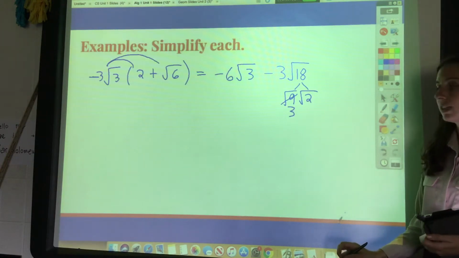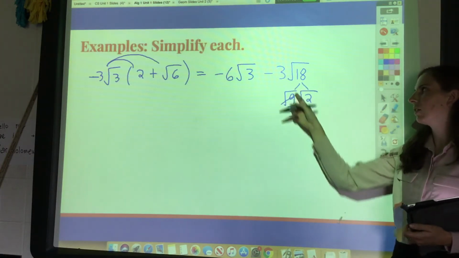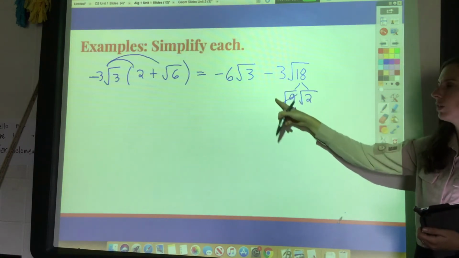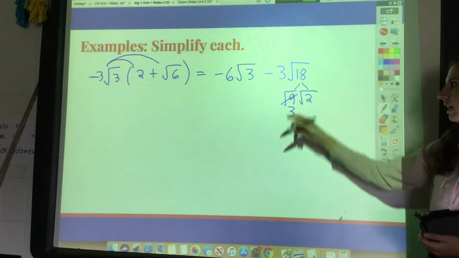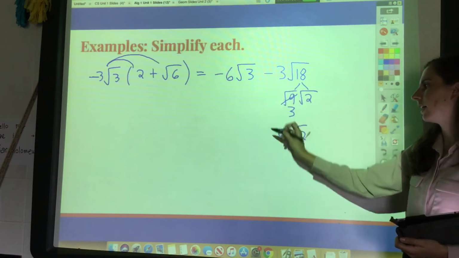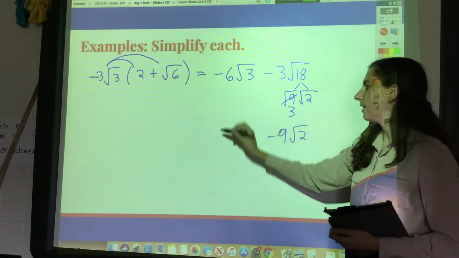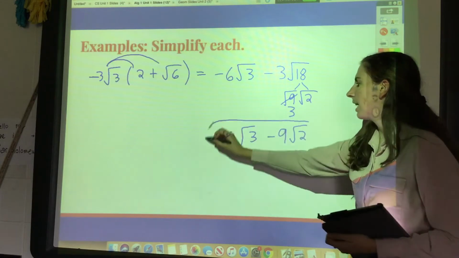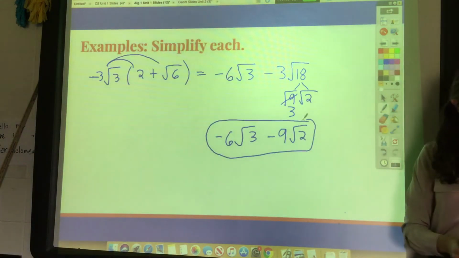So now I need to combine anything outside the radical, and this was all being multiplied, so I'm going to multiply 3 times 3 and get 9 root of 2. And it was negative, and I also had this. So that's my final answer on that one.